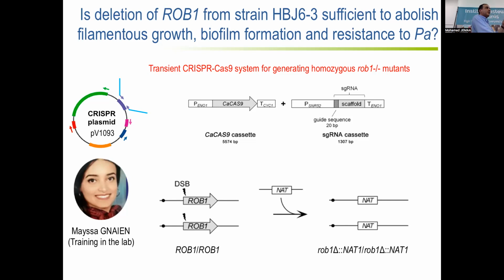So it would phenocopy the strain 6.2, basically. Maisa will show you during the afternoon how we design the CRISPR in order to delete the ROB1 transcription factor. And we will see together at the end what phenotype is conferred by deletion of ROB1. We would see that the strain will not be able to filament anymore, will not be able to form biofilms, and will basically be repressed by Pseudomonas aeruginosa.